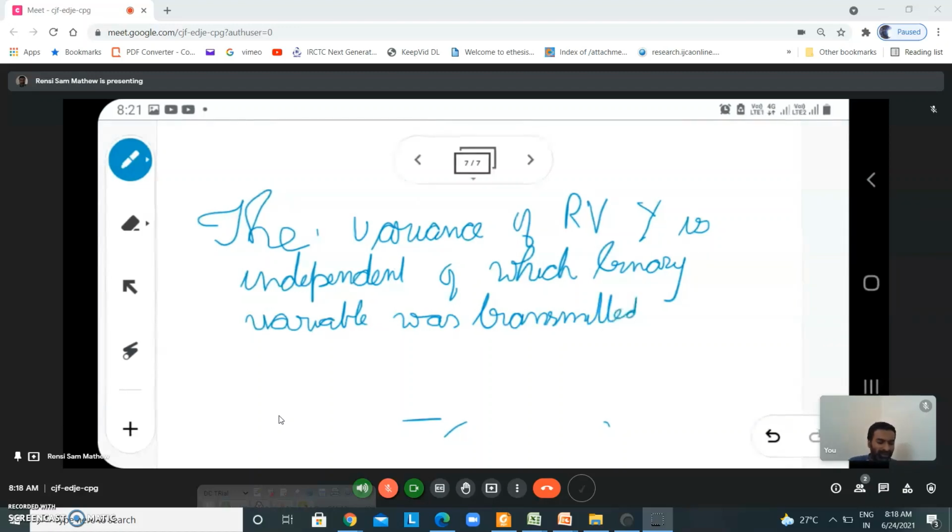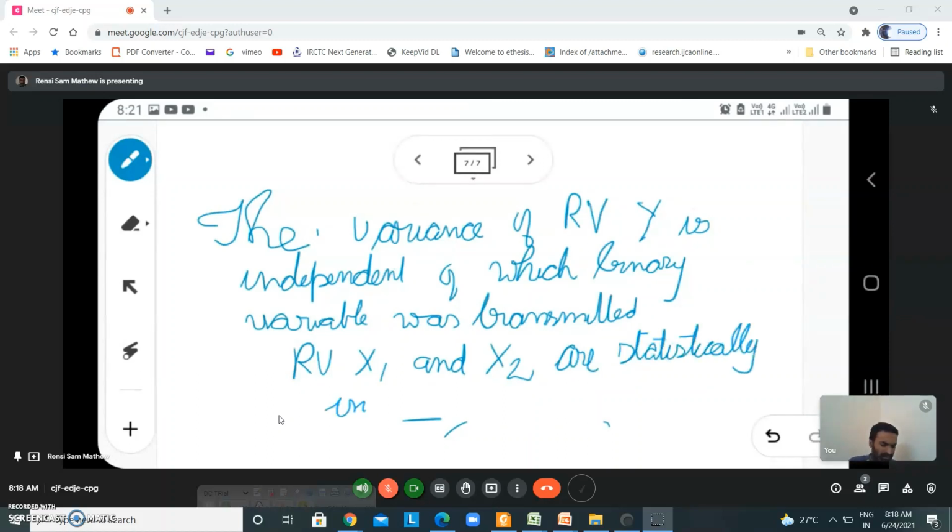The random variables x1 and x2 are statistically independent with variance N0 by 2. So we are going to use this.